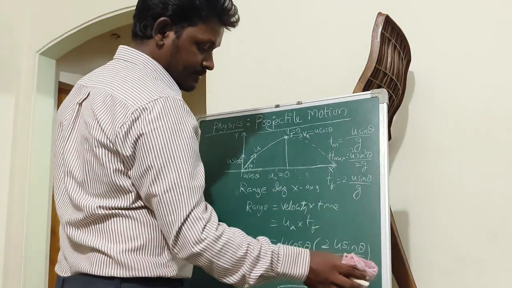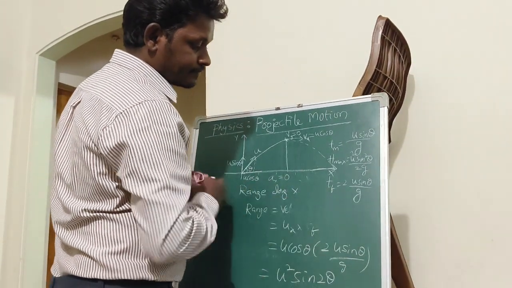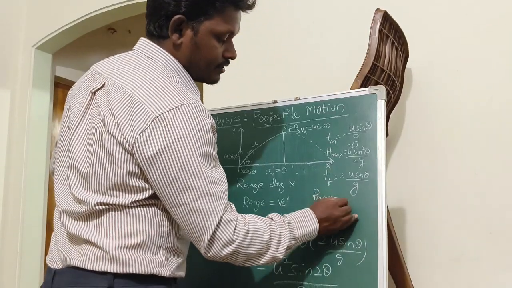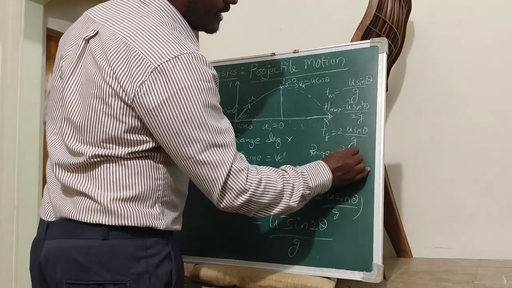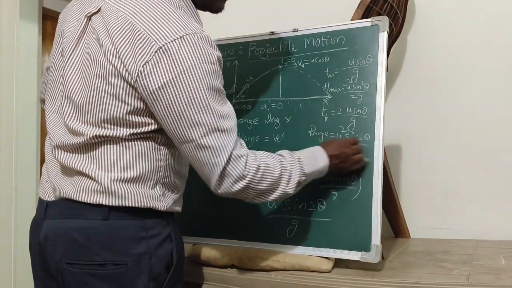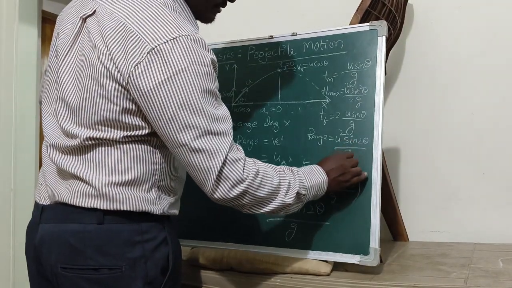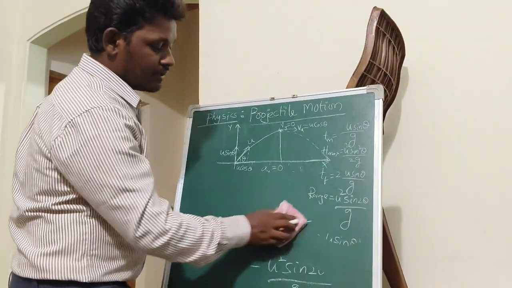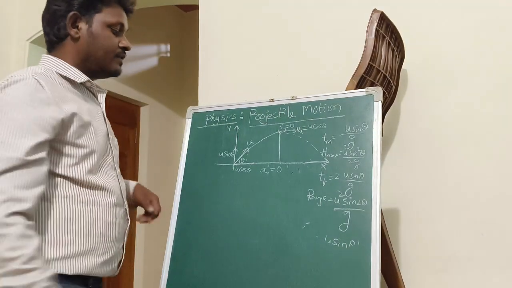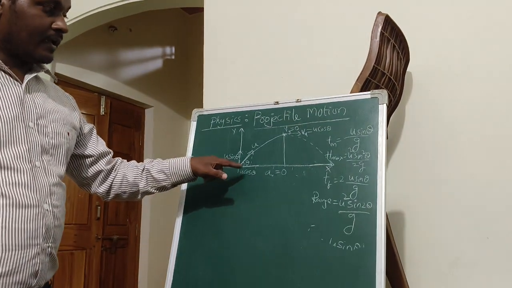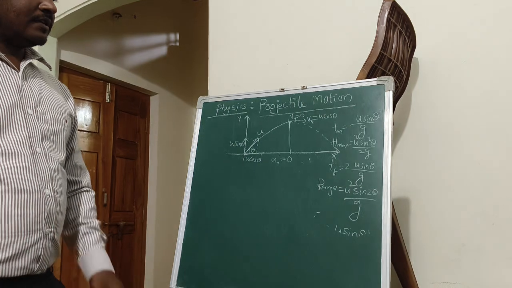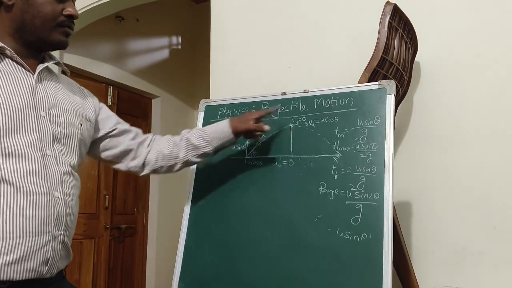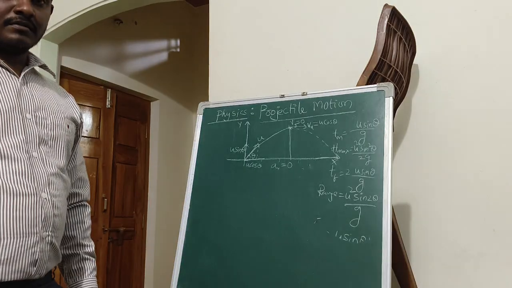So we can write range is equal to u square sin 2 theta by g. These are the equations that we get when a body is projected with u velocity with theta angle. This is about projectile motion from ground to ground. Pause here.